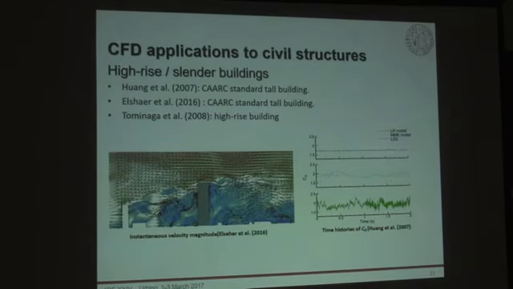About the CFD application to wind on civil structures, there are many applications, so just a few examples. You can see here the contour that is a typical result of the velocities in a real complex situation. And you can see here that different models provide different time series.